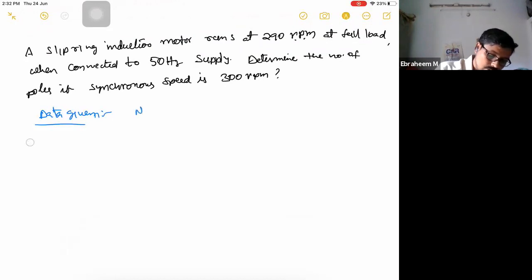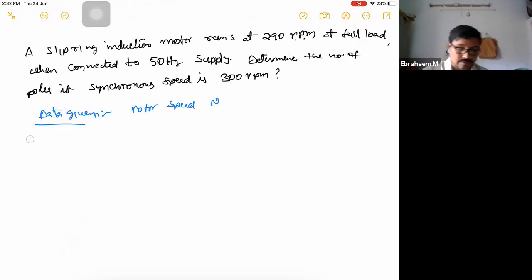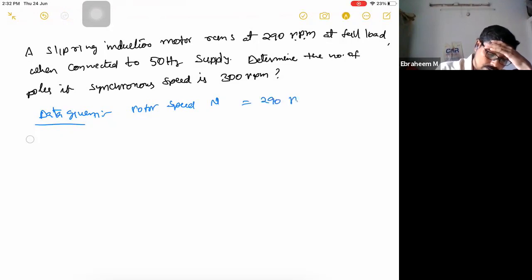So rotor speed N, some textbooks keep a suffix r to represent that it is the speed of the rotor. N is equal to 290 RPM.